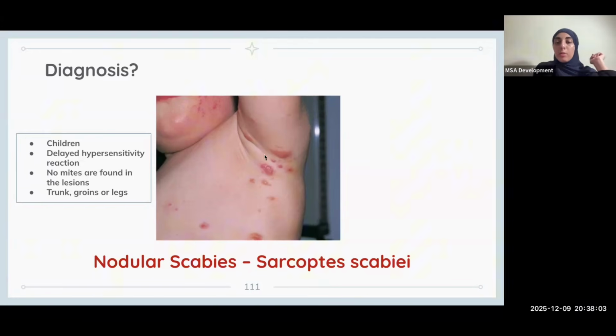If you take a biopsy of this lesion, you probably will not find the actual mite, because this is not where the mite is, it's somewhere else. This lesion is just a reaction to having the mite in general. It's not the mite itself forming this locally. So it's found in the trunk, the groin, the legs.